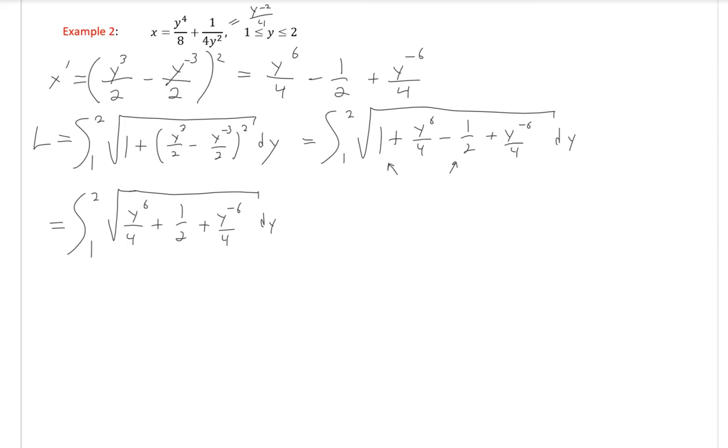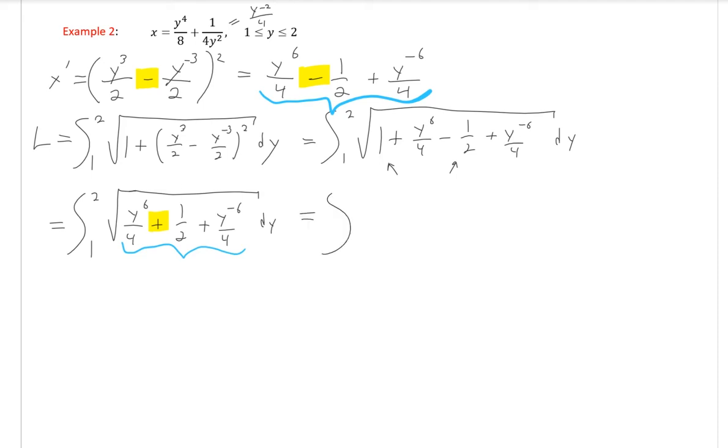The reason I do that is because this expression on the inside of my root looks exactly like the expression I had earlier, the only difference being that sign right there. It's a plus instead of a minus. Likewise, what that means is that the sign on the inside here is going to be a plus.